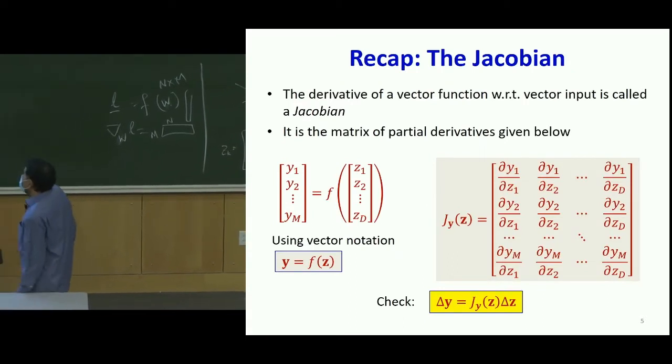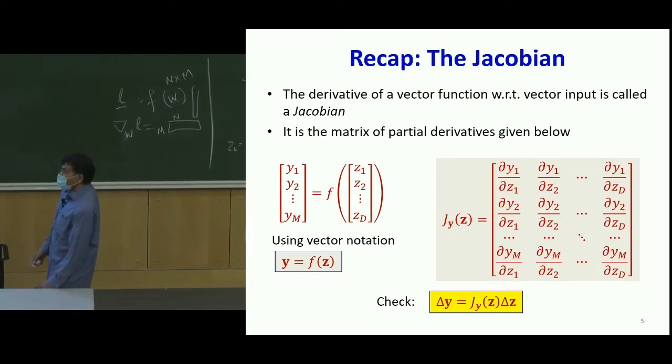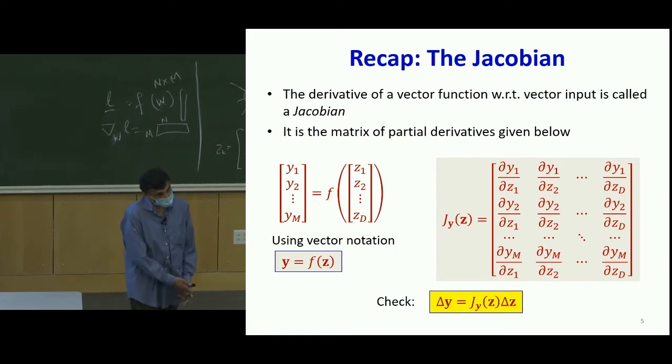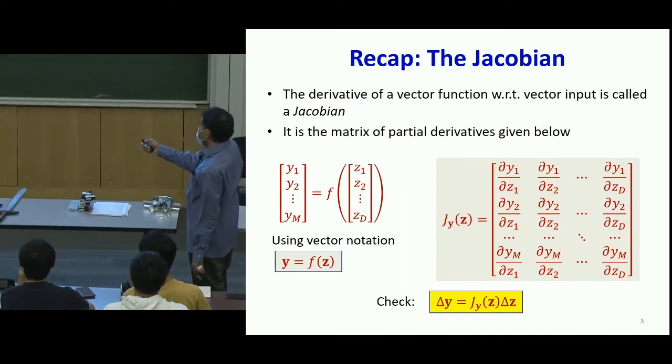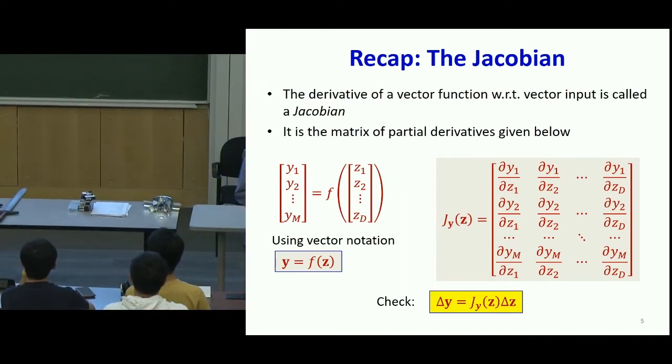Now, when we have a derivative of a vector, when the function itself computes a vector and is also a function of a vector, then we saw that we can think of the entire thing as a stacking of scalar functions.